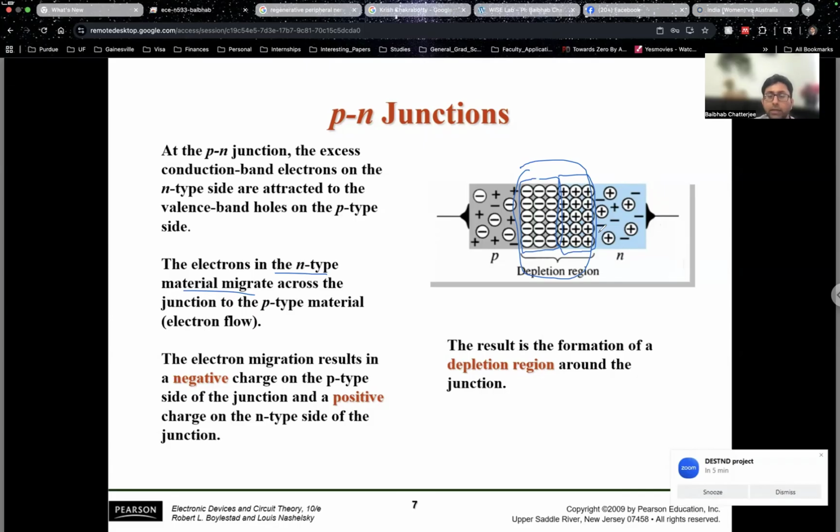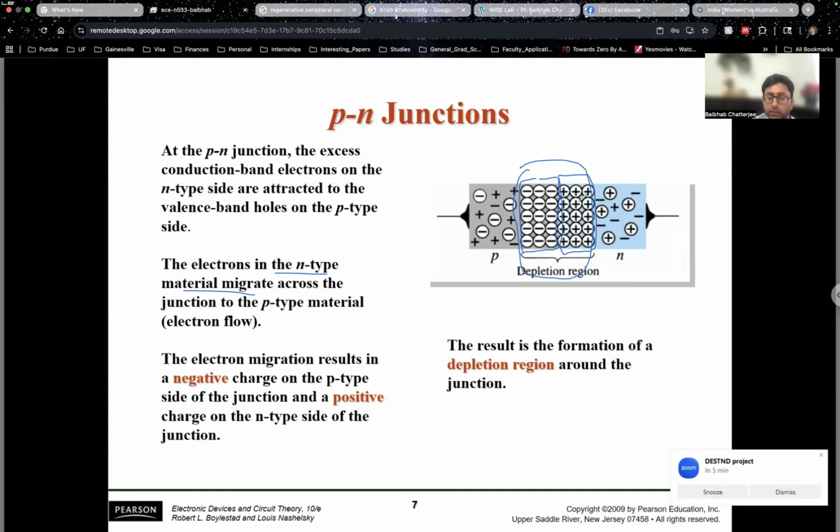So in the p-type material, there are some free electrons. In the n-type material, there are some free holes, but not a lot. Those are called minority carriers. So majority carriers are defined as the carriers which are mostly present in that type of material, which would be electrons for n-type and holes for p-type. Minority carriers are the opposite ones. They are holes for the n-type material and electrons for the p-type material.